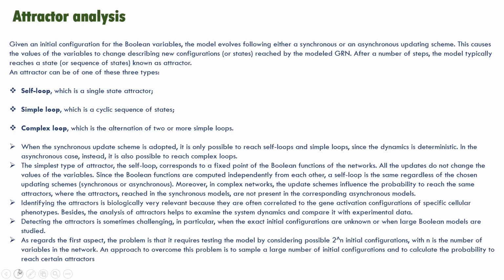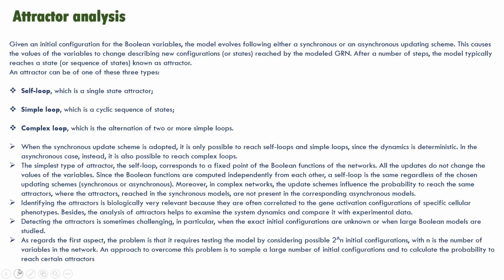Detecting the attractors is sometimes challenging, in particular when the exact initial configurations are unknown or when large Boolean models are studied. As regards the first problem, where the exact initial configurations are unknown, it requires testing the model by considering possible 2 to the power n initial configurations, where n is the number of variables in the model.